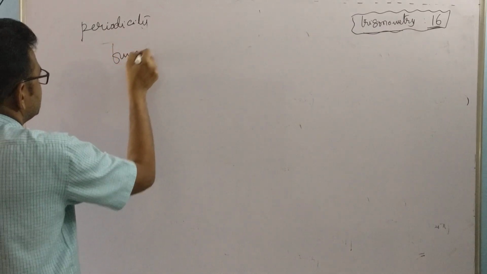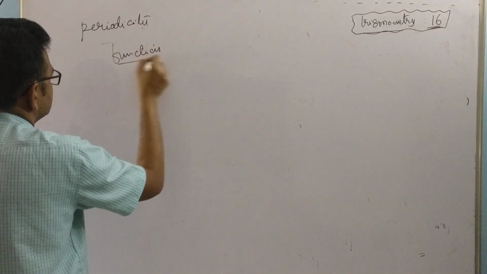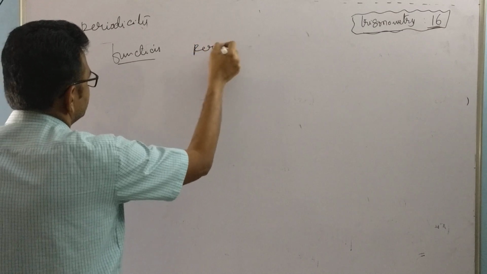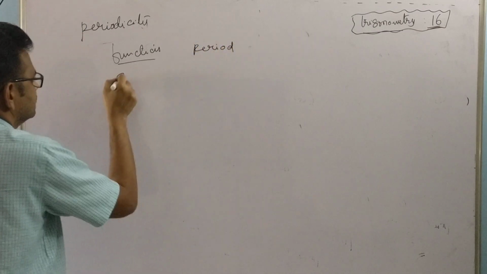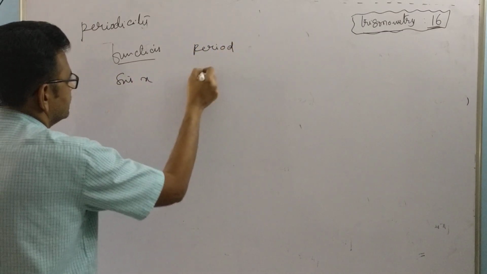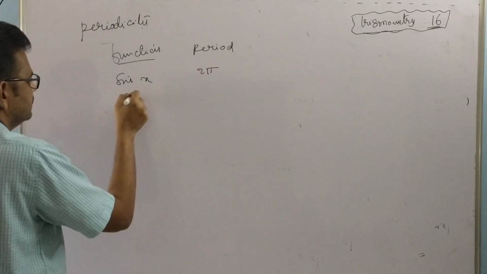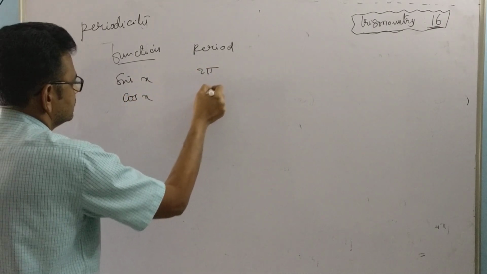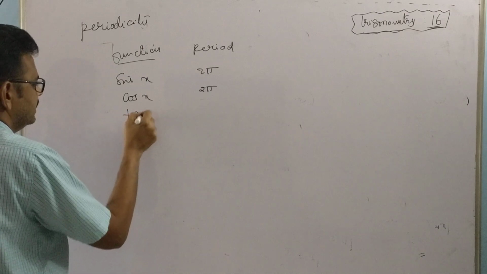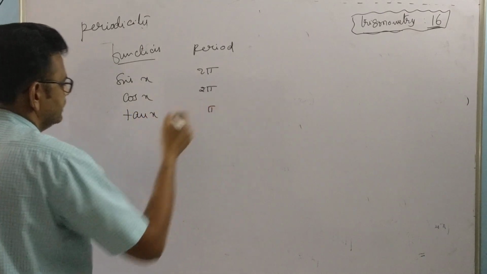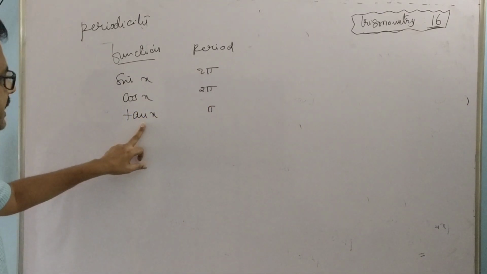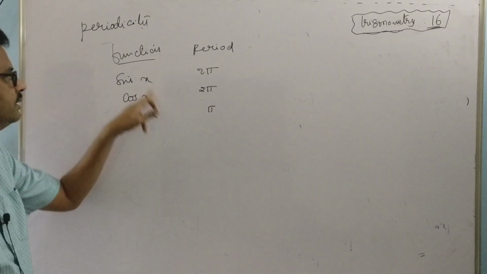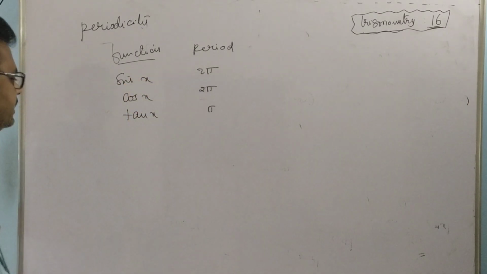Here is the function and its period. Sin x period 2 pi, cos x 2 pi, tan x pi, cot x is also pi, secant x is also 2 pi, cosecant x is 2 pi.